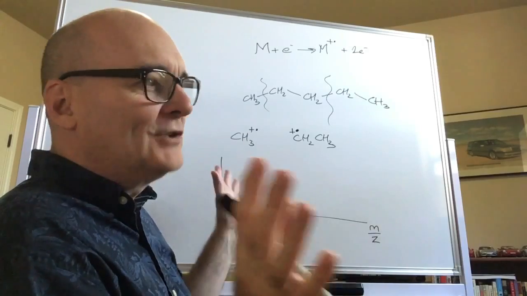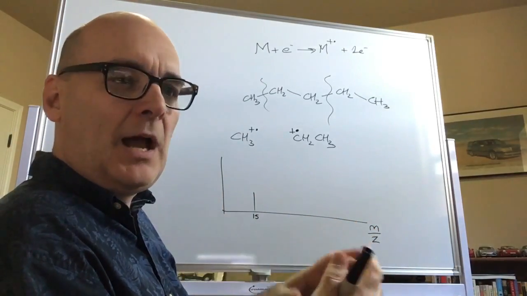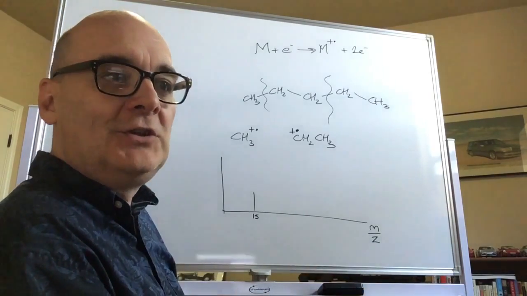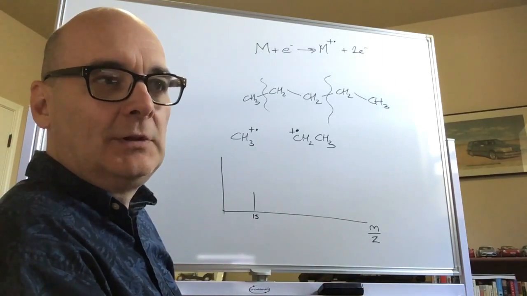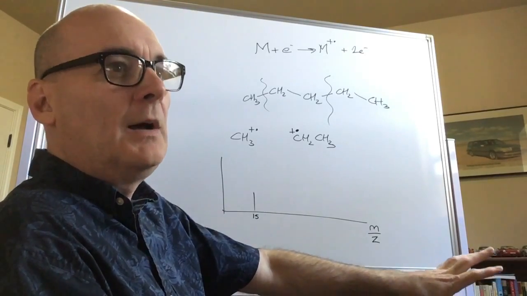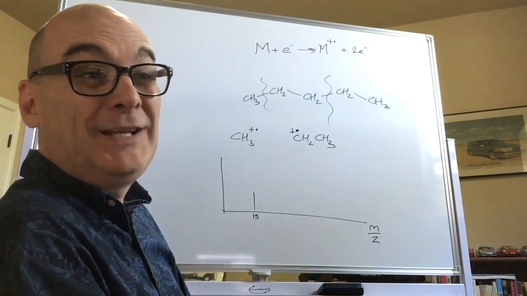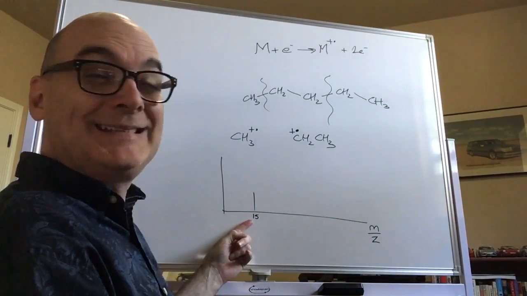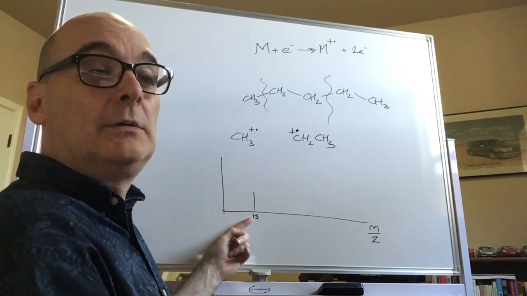EI is going to smash the molecule to pieces, but CI did a much softer break, and the agents that we used to transfer that ionization into our molecule might have been a methane in the first place. So there's a chance that we don't get to see that at all.